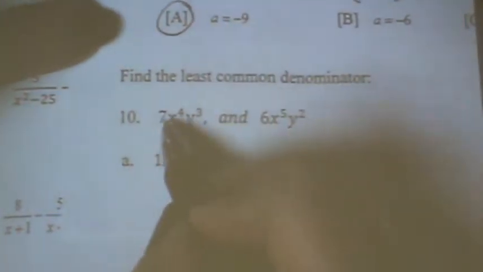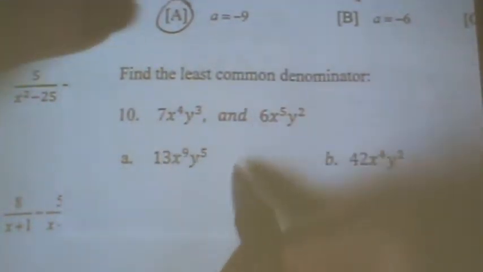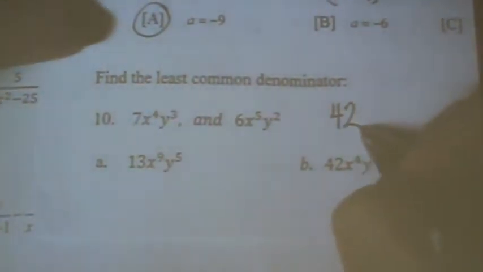Number 10. Your least common denominator, if these were fractions and you were wanting to add or subtract them, if you were looking at the 6 and the 7, your least common multiple of 6 and 7 is 42. So you'd have to do multiples of 6 and 7. So you need a 42 for sure for the 6 and 7.